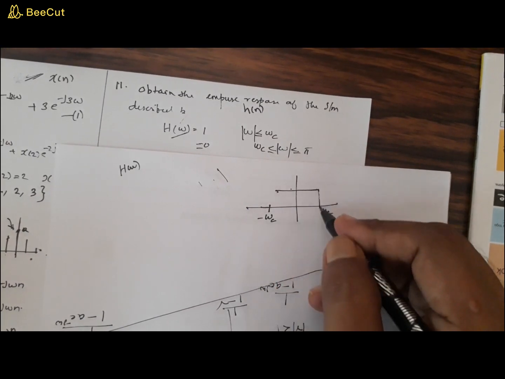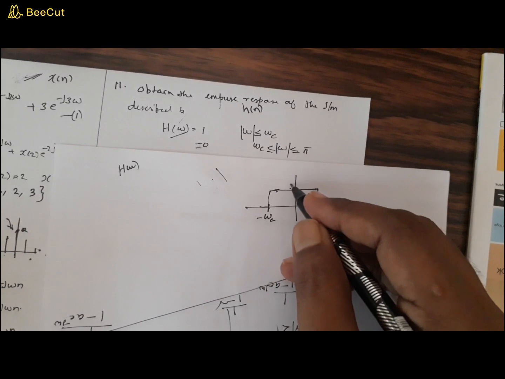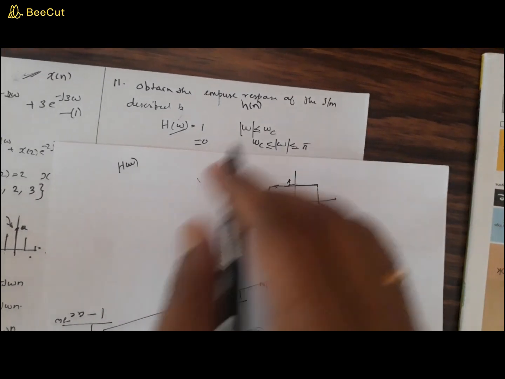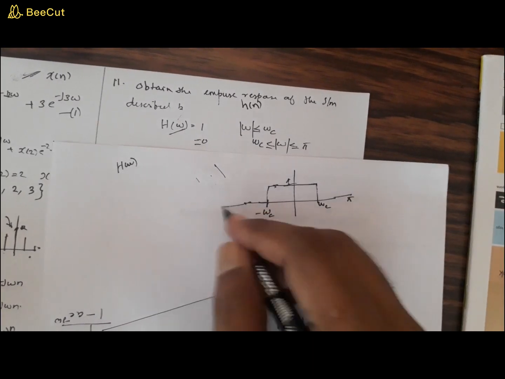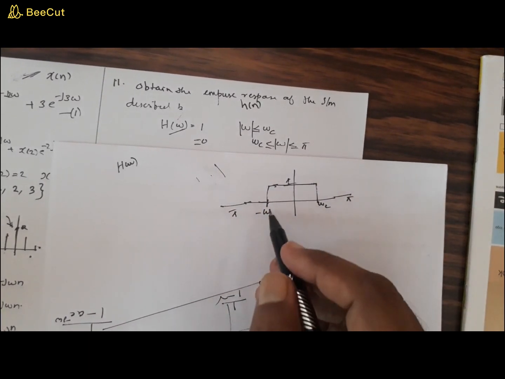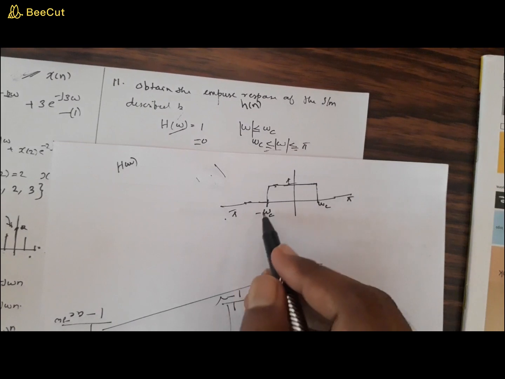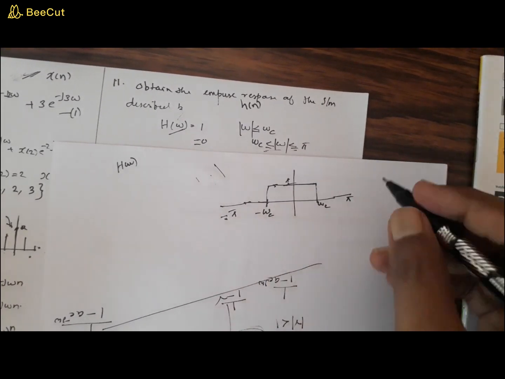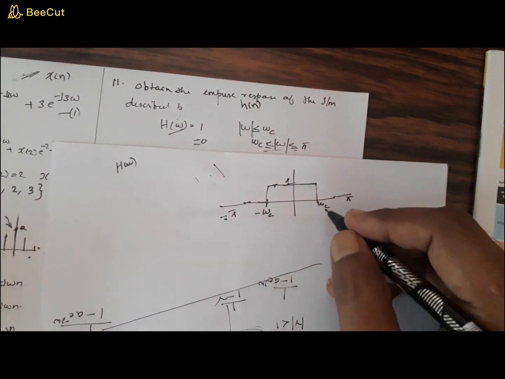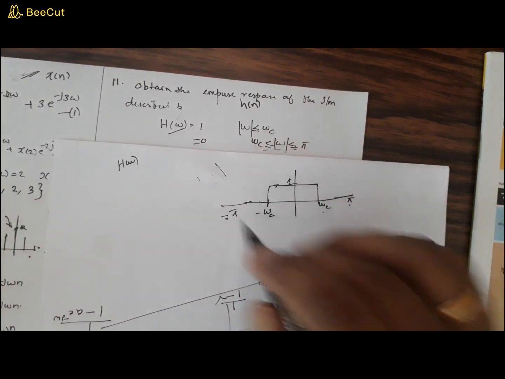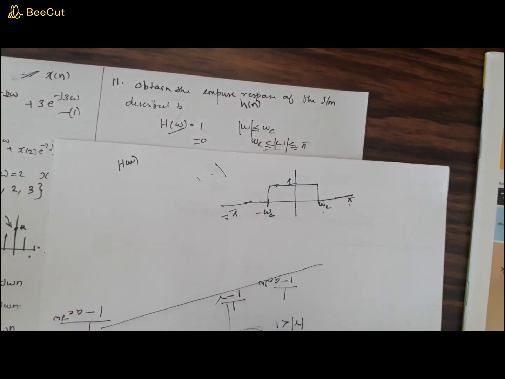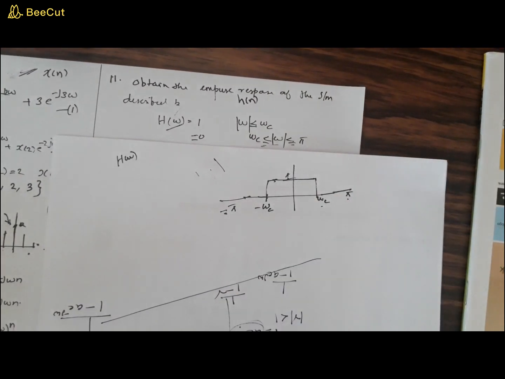Over this range, the magnitude is always equal to 1. And what about omega c up to pi? The values in between, from omega c to plus or minus pi, are equal to 0. So you are getting a rectangular frequency domain signal.